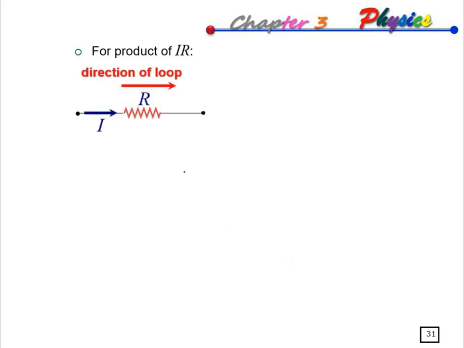For the product of IR, that means the voltage drop across any element in the circuit, if the direction of the loop is to the right and the current is also to the right side, we have positive IR.